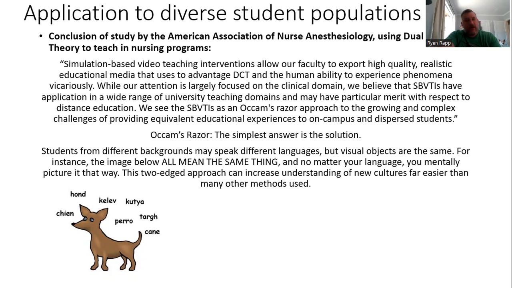So by using this two-edge approach, we can increase understanding of new cultures far easier than a lot of the other methods used. And I think that's important. And this theory works for all the different types of learning. We always say, well, I'm a visual learner, I'm an audio learner, I'm an oral learner.